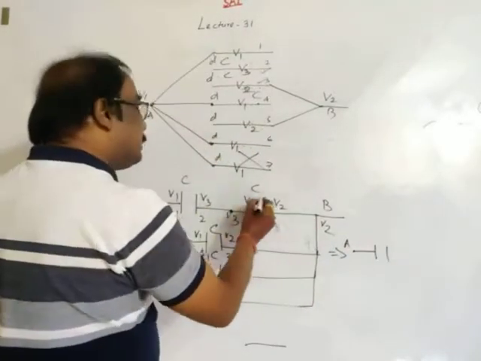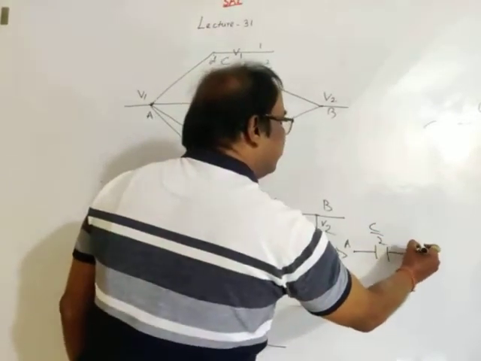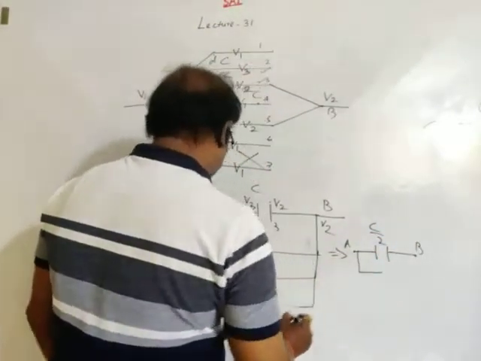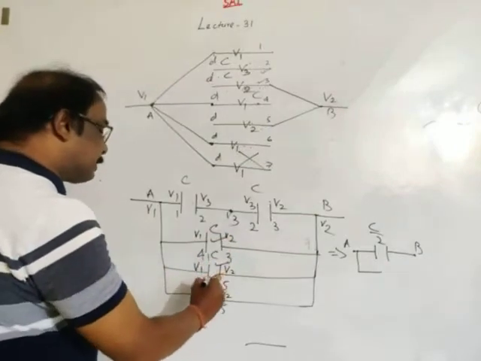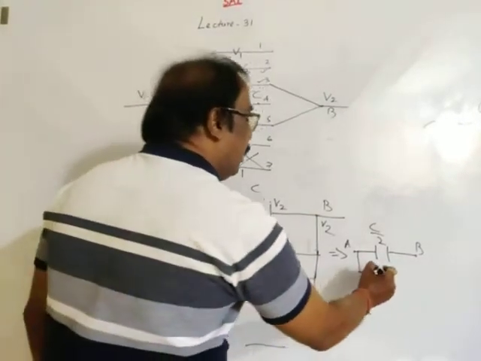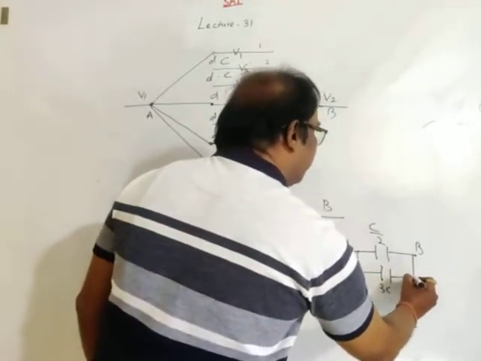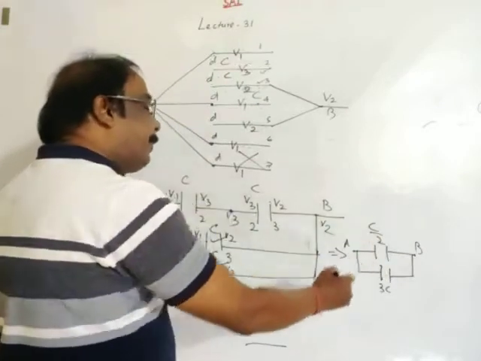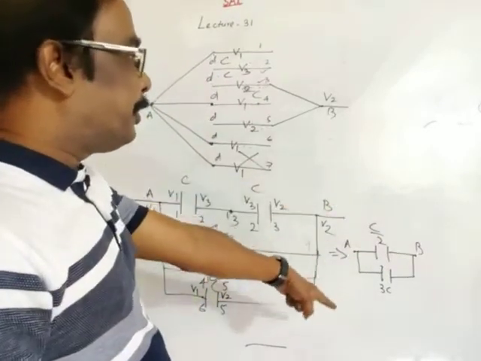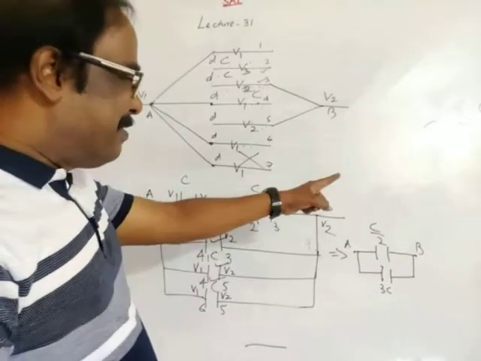These two, C and C in series, we will get C by 2. This is B. Then C, C, C. All these three capacitors are in parallel, and finally these three capacitors add up to give 3C. Now C by 2 and 3C are in parallel.